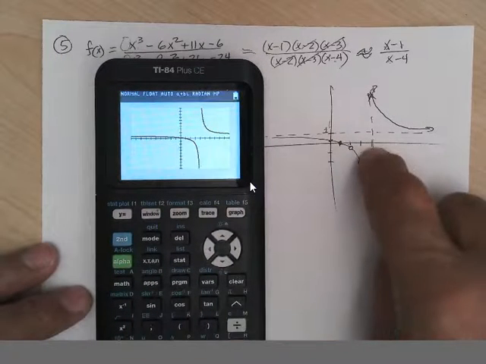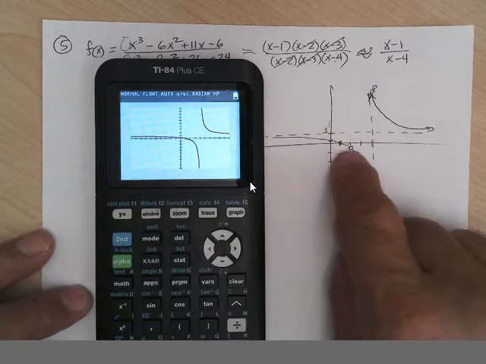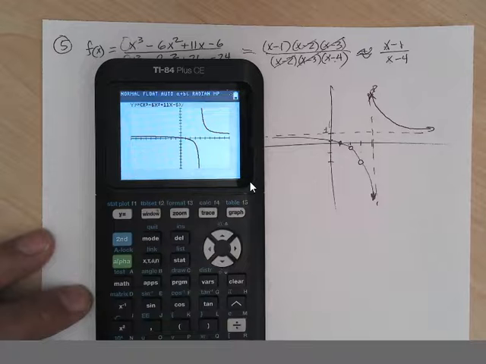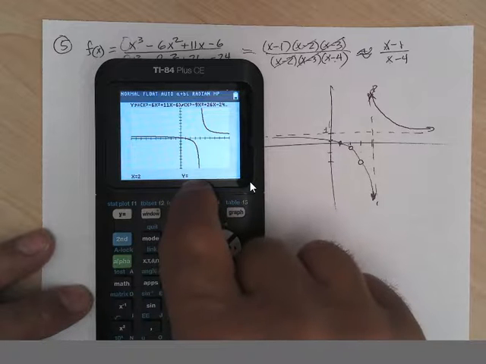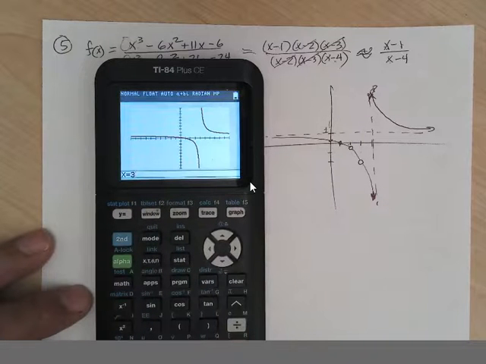So it looks like it has a vertical asymptote at 4 and has a hole at 2 and 3. Second, calculate the value at 2, no y value. And second, calculate the value at 3, no value. Every place else there'd be a value.